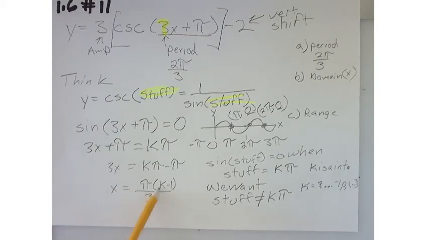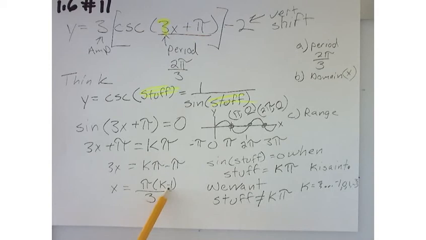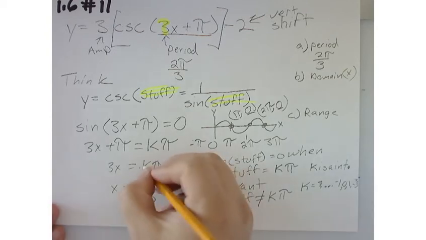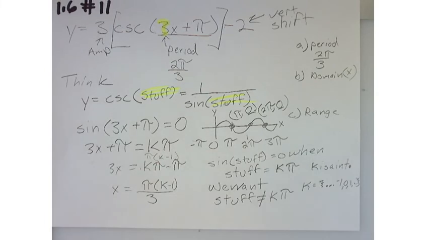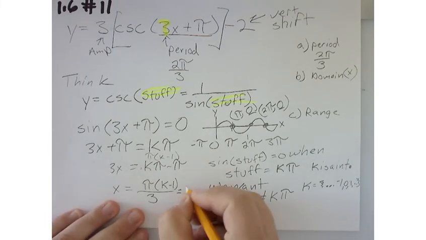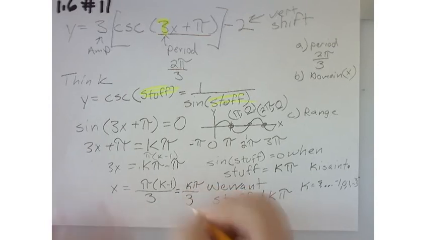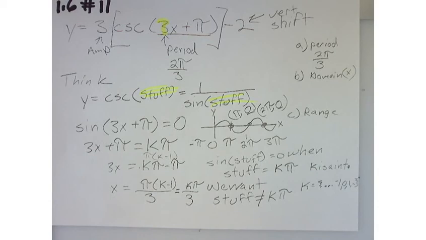But k minus 1 is still an integer, so I could think of this as k pi over 3, because any integer minus 1 is still an integer.